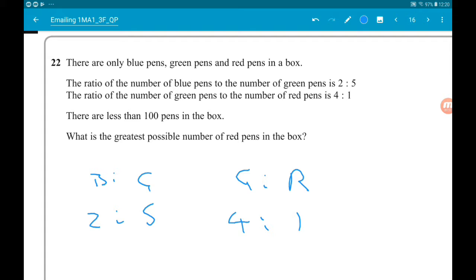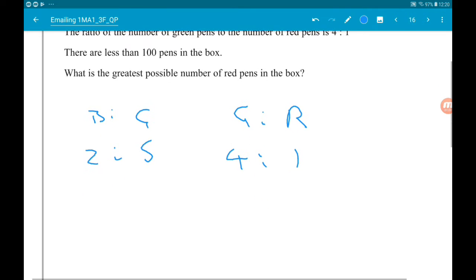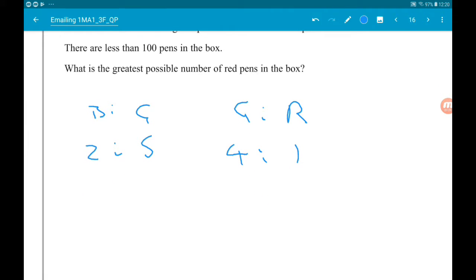Now I do have a video on this with more examples which will be down below. So the trick to doing this is the part that comes up in both ratios. So here, that's green pens.